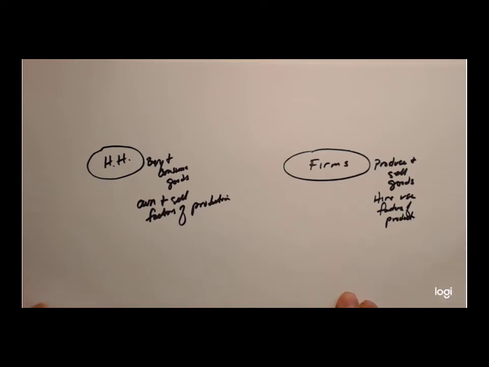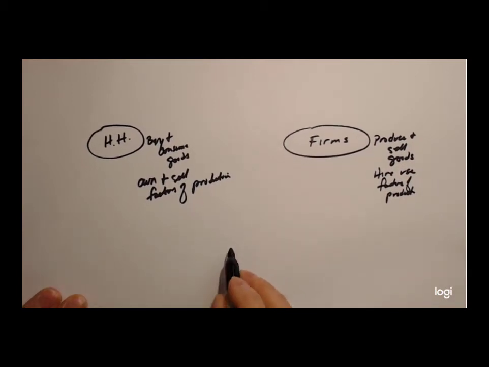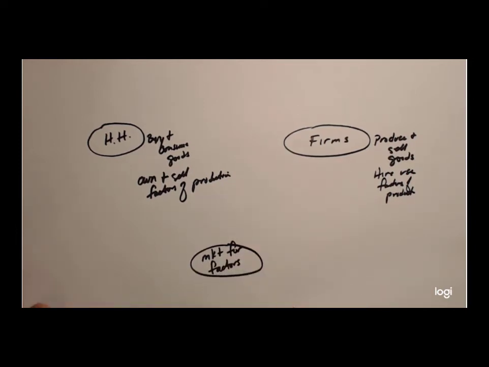Okay, so now where do they get that? How does this come about? Well, the firms and the households are going to meet up in a market, and the market is called the market for factors. And when I say factors, let's get into this a little bit more. These are factors used in production.